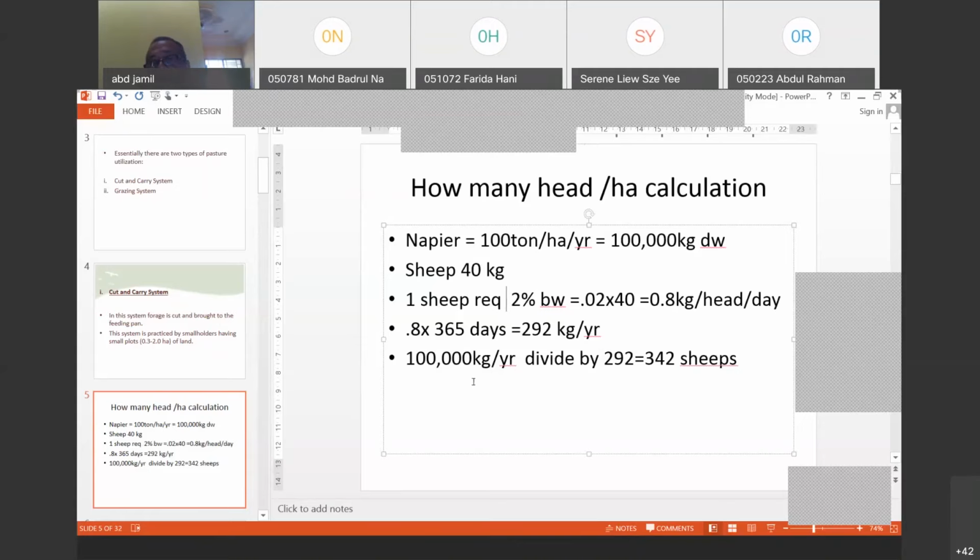So since you have 100,000 kilogram per year, divide by 292, so the number of sheep you can keep per hectare of your Napier is 342 sheep.